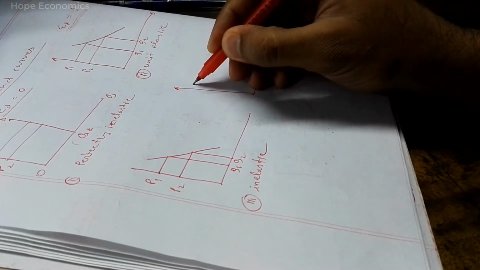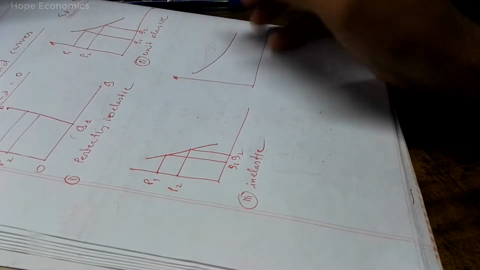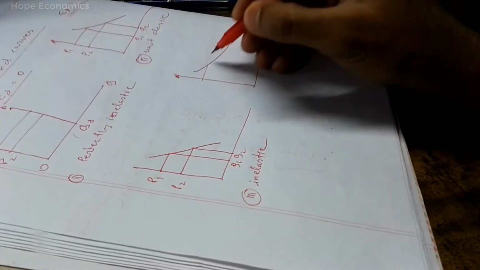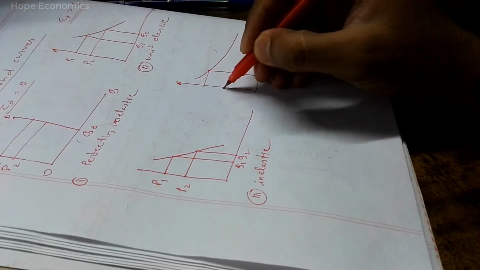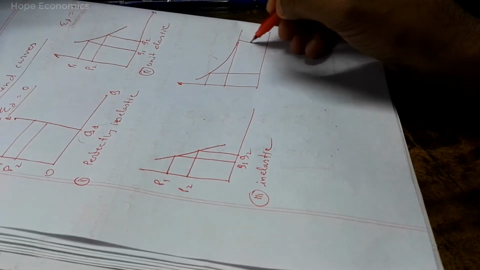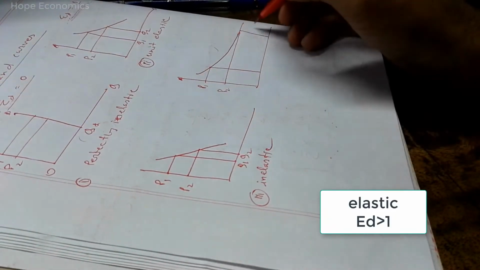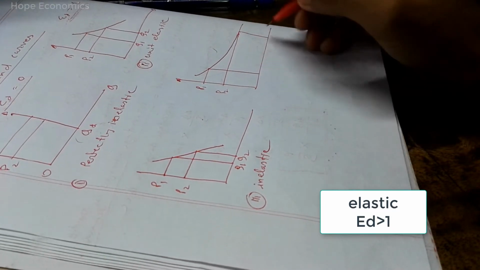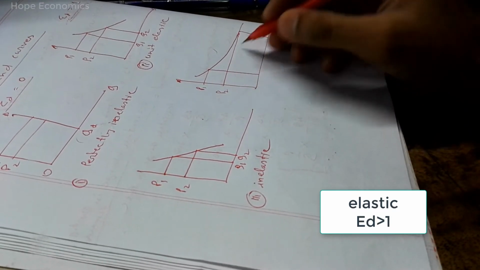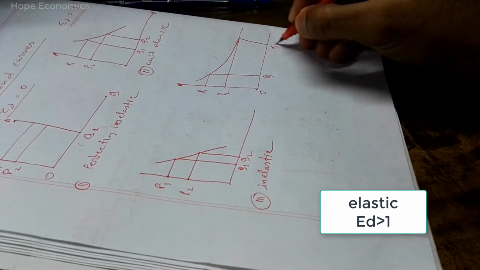In this curve, you can see the price changed little, but the quantity demanded changes by very much compared with the price.